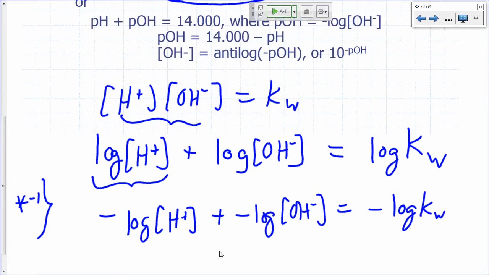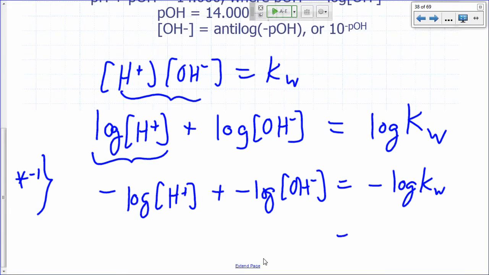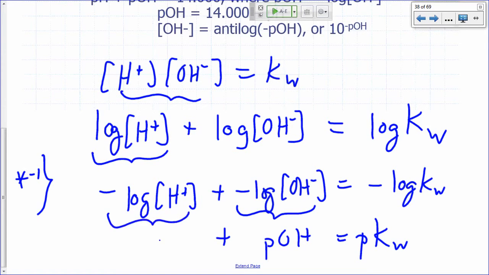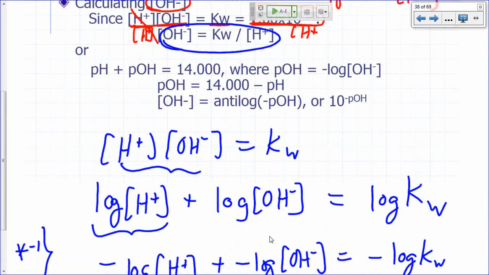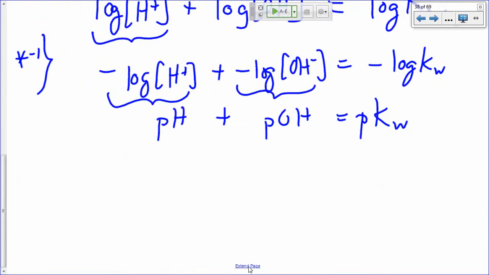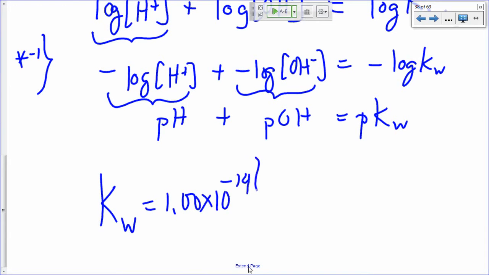What did we say is our notation for the negative log of something? It's P something, right? So this is just pKw, and we call this pOH, and negative log of H plus is pH. So pH and pOH add up to 14. Because what's Kw? Kw is 1.00 times 10 to the negative 14 at 25 degrees.